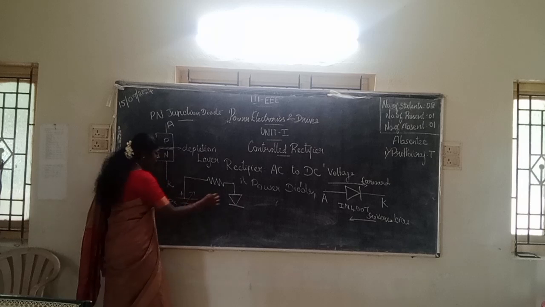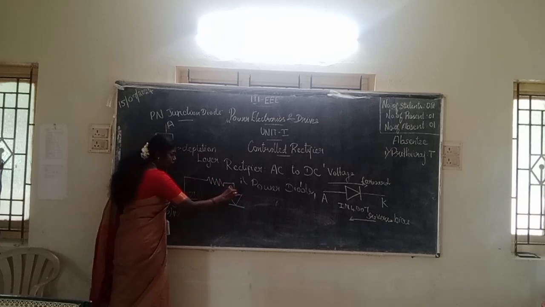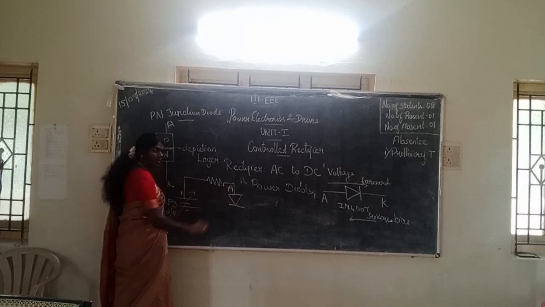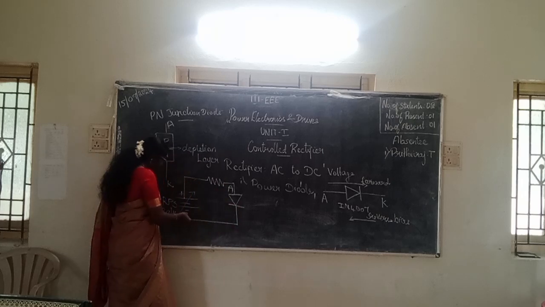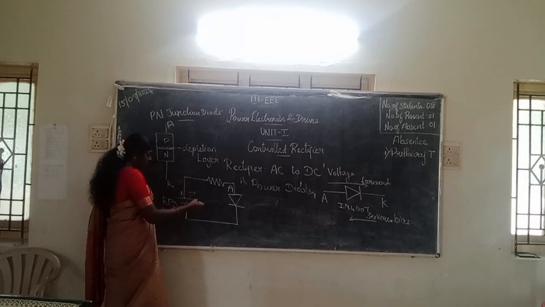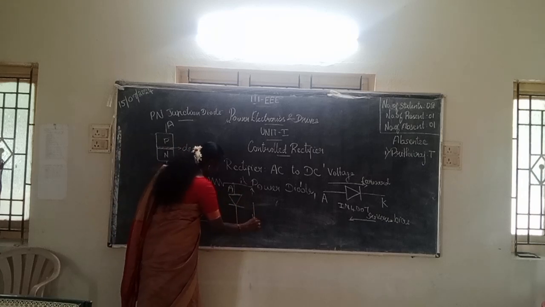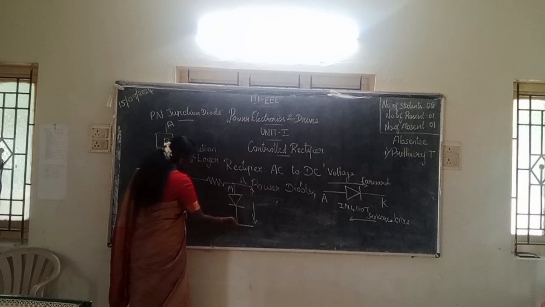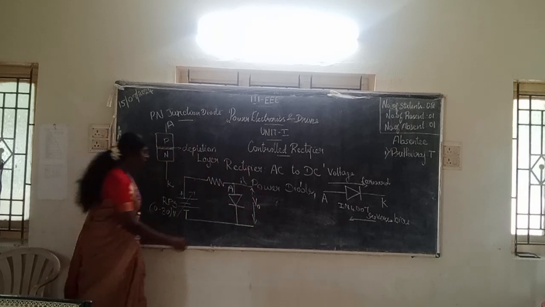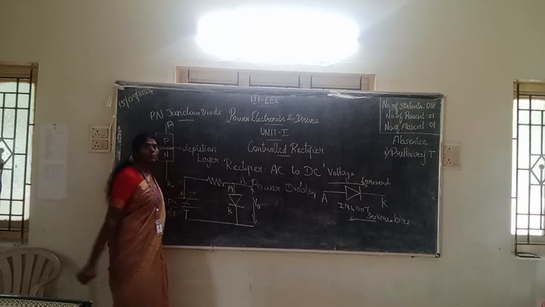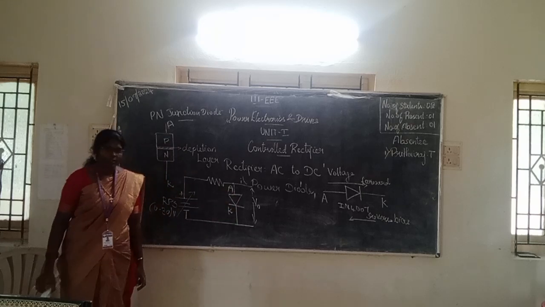If the positive is connected to the anode, here will be our output voltage, and this is the cathode. So this is the forward bias diode function.